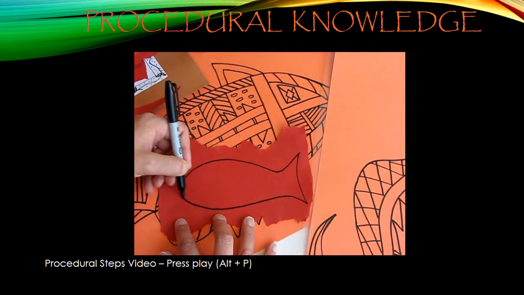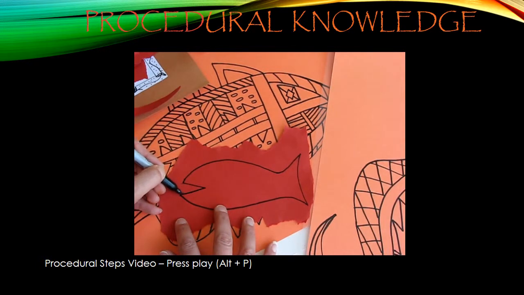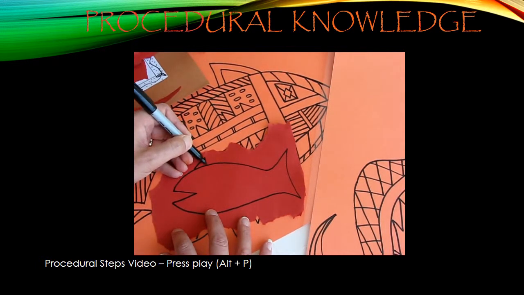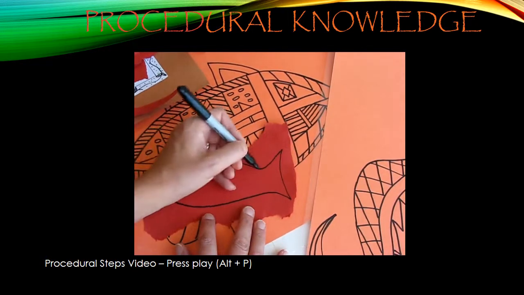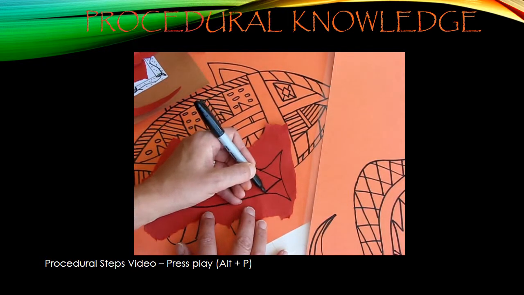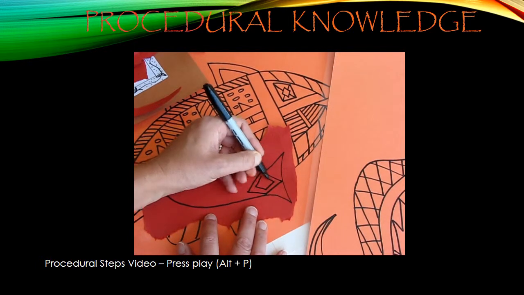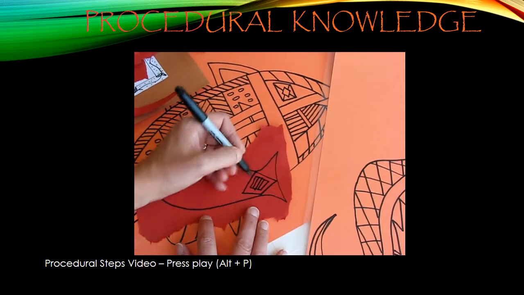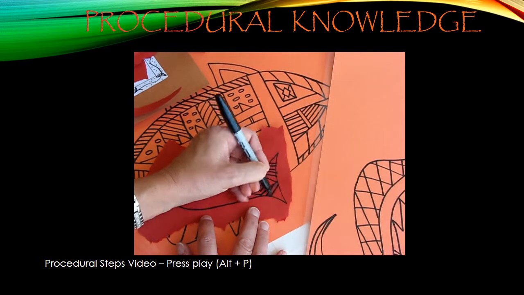I've got the contour lines done of my fish, and then what I would like to do is start breaking down the areas of this fish so that I can start making symbolic designs and different shapes and patterns.